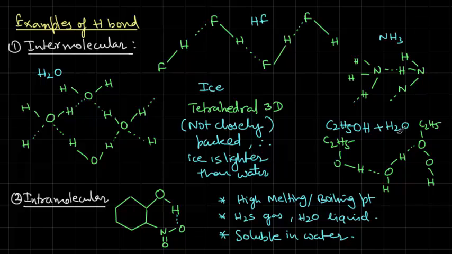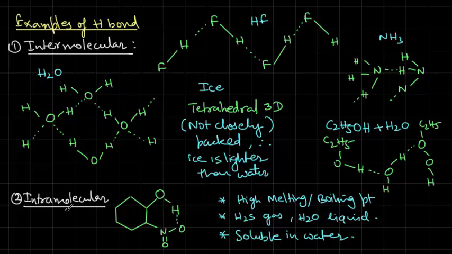So the example is ethanol plus water. It looks like this. This H of ethanol is hydrogen bonded to this oxygen of the water molecule, and again this hydrogen atom is bonded to the oxygen of this ethanol molecule. So these are examples of intermolecular.